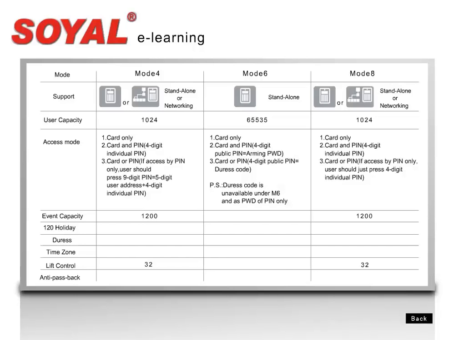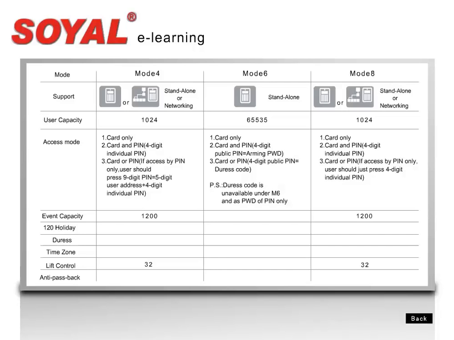When the controller is under Mode 4, the access mode is card and pin. The pin would only need 4 digits. However, if the user chooses the access mode card or pin, the user should enter 9 digits to the reader.